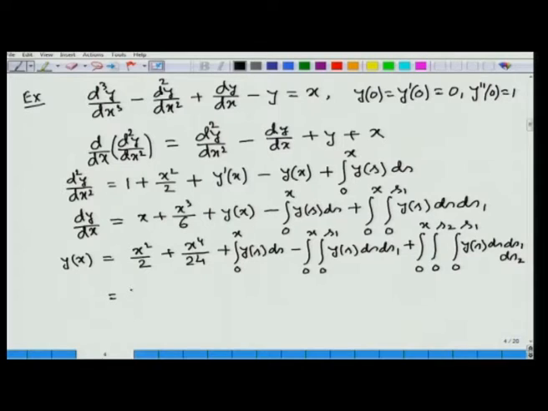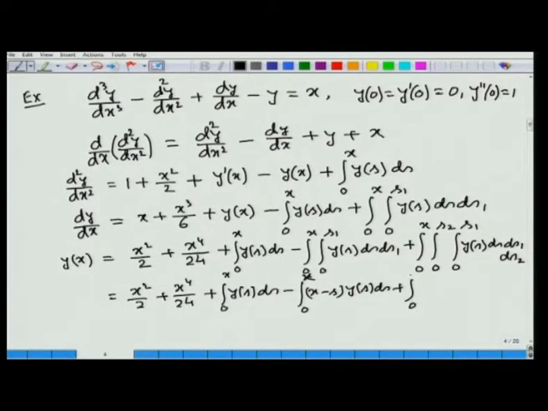So, after applying that formula we can find this will be equal to x square by 2 plus x to the power 4 by 24 plus integral 0 to x y s ds minus integral 0 to x x minus s y s ds plus integral 0 to x x minus s whole square by factorial 2 y s ds.